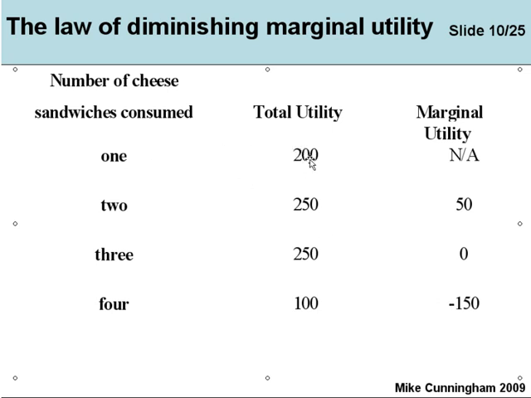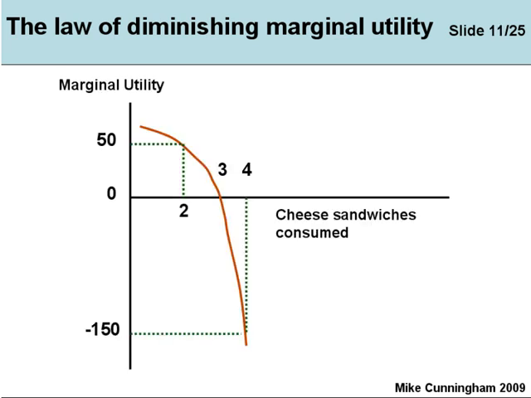So, going from 1 to 2, we had 50 extra utils. The first one gave us 200. The second one gave us 50. The third one gave us nothing. No utils. No units of utility. No units of pleasure. The fourth one made us ill, so we actually lost utility. If we were to imagine that diagrammatically, it might look something like this.